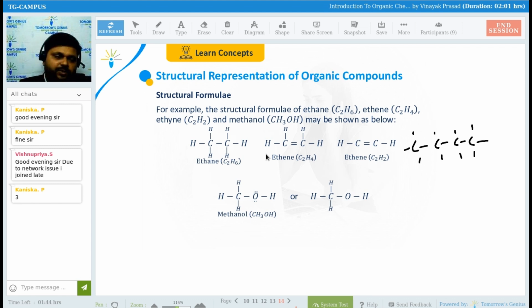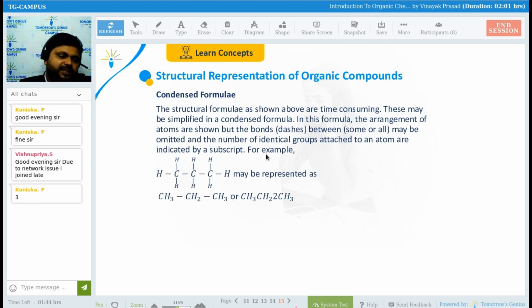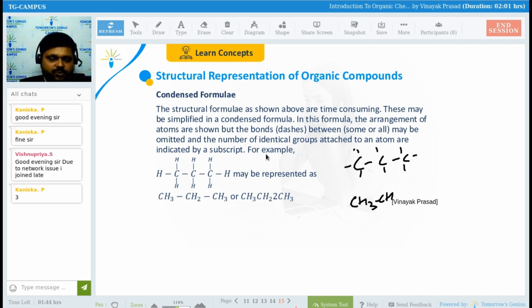Fine. Any doubt, any problem? No? So this is the structural formula. Now, condensed formula. What is the meaning of this condensed formula? When a structural formula is written like this, let's suppose here there is carbon, carbon, carbon, carbon, carbon, and hydrogen is there. So I can write it like this: CH3, CH2, and CH3.